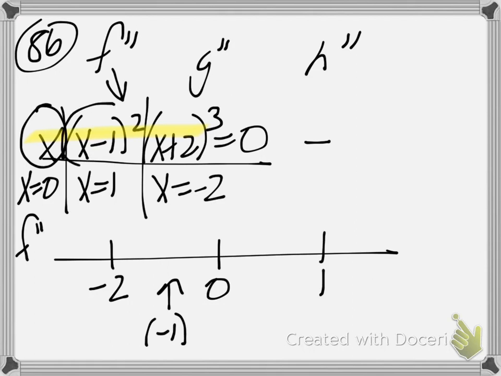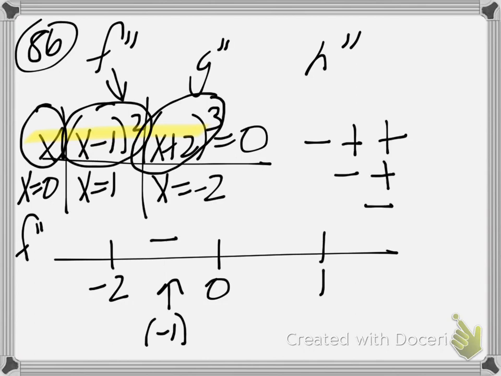No matter what you put into this, you're going to get positive because it's squared. And if you put a negative 1 in here, negative 1 plus 2 is 1, and 1 to the third power is positive. So a negative times a positive is negative. So I know this is negative. And that's what you're going to do for each one. You don't figure out the exact value, just figure out the signs.